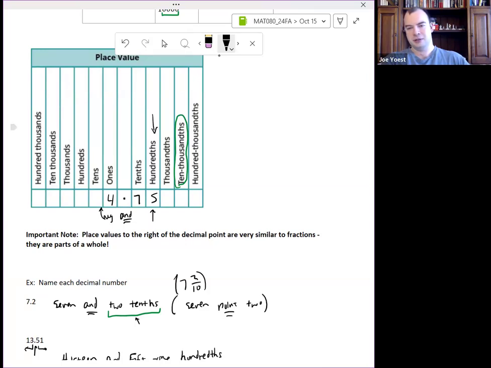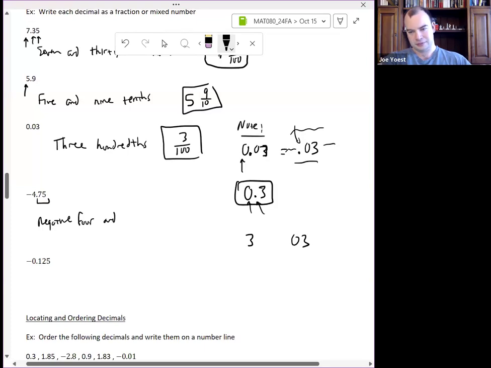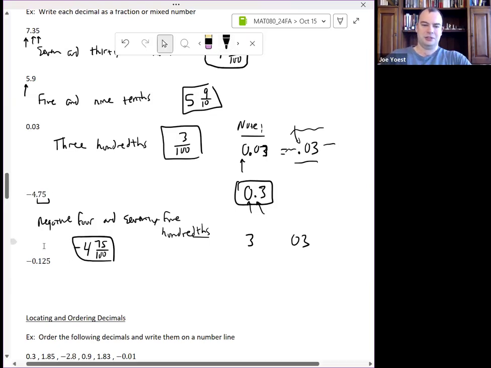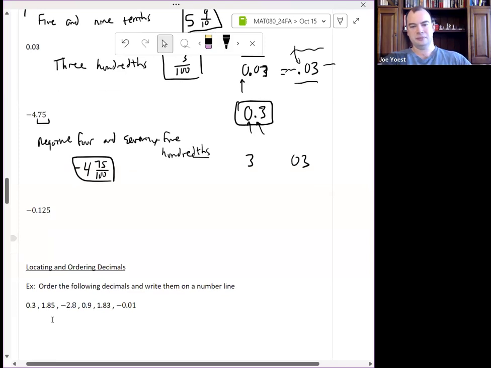This is 75 hundredths. Or this is negative 4 and 75 hundredths. Again, if we verbalize the decimal carefully, it almost gives us the mixed number for free.